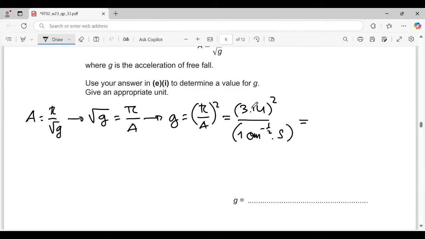And it's going to be, if you calculate, this is 9.8 over centimeters second, like that. Okay.